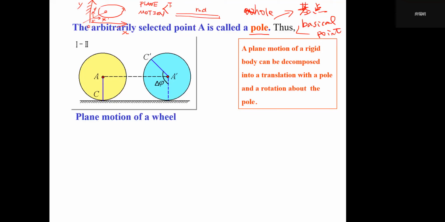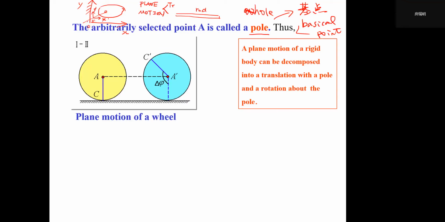One is translation. When this plane figure has the translation part, then our rod and our MCS, which is fixed on the rod, will have to follow this translation, because when this plane translates, it lets this pole position change from one position to another.